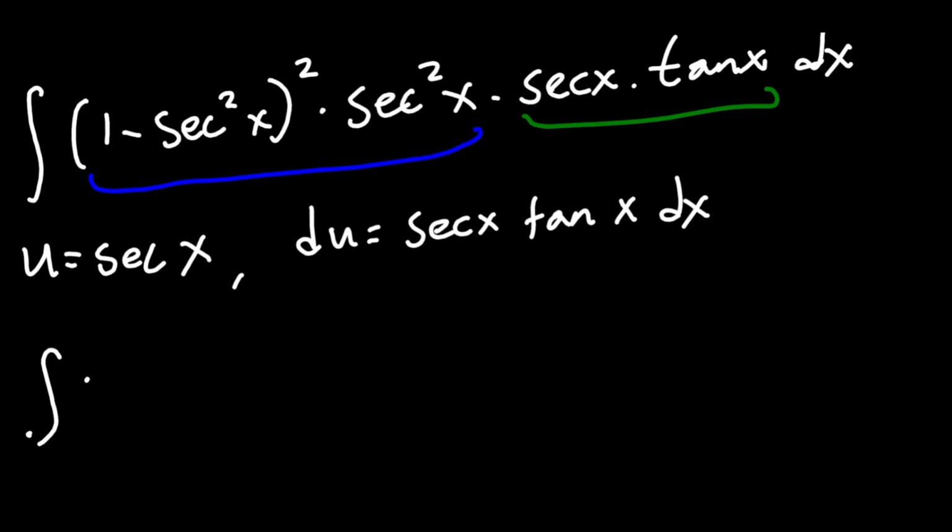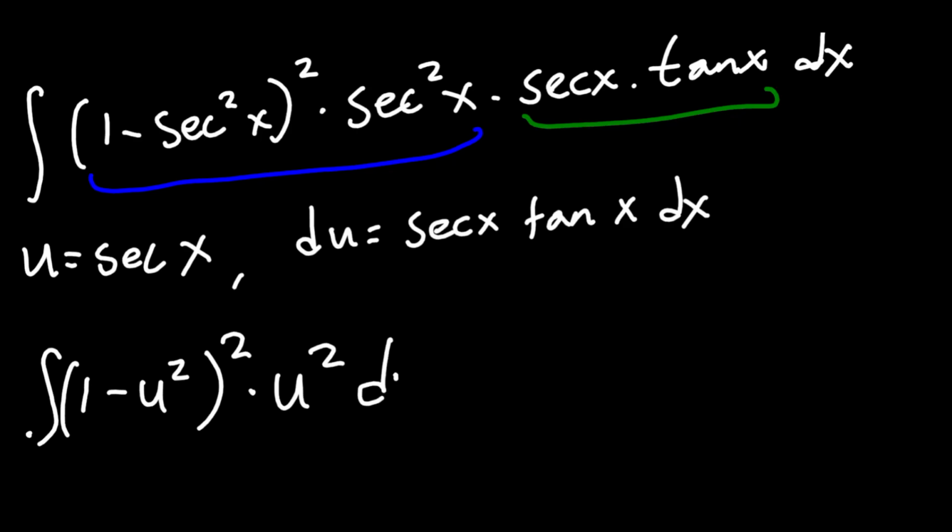So we have u squared minus 1, and that's squared, times, now we have a secant squared, so u squared. And then instead of all this fluff with secant x tan x dx, we can just write du. That helps us skip so many steps, because now we just have a polynomial.